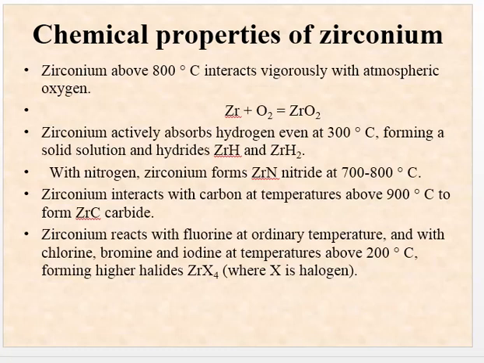Zirconium interacts with carbon at temperatures above 900 to form zirconium carbide. Zirconium reacts with fluorine at ordinary temperature and with chlorine, bromine, and iodine at temperatures above 200 degrees, forming higher halides, where X is a halogen, for example fluorine, chlorine, bromine, or iodine.